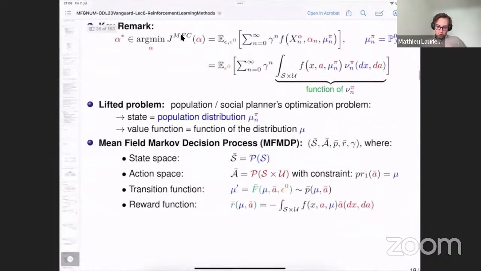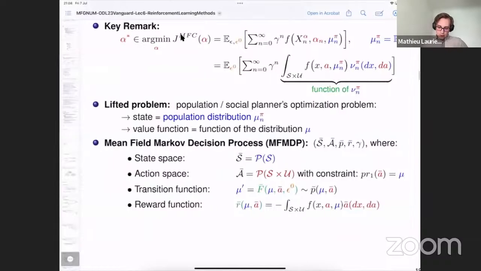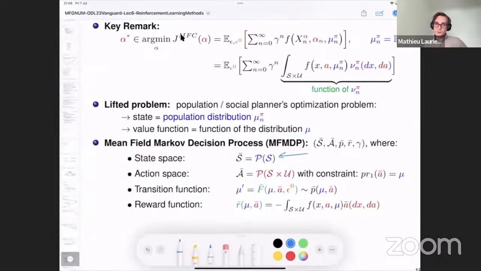So the formalism is a little bit abstract, maybe, at least the one we proposed with René Carmona and Zhong Juntai. The state space here, there is no surprise. It is a space of probability distributions. But the action space is the set of probability distributions on S times U. And U is like A, if you want, it's like the action space.